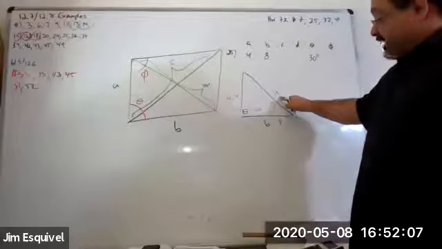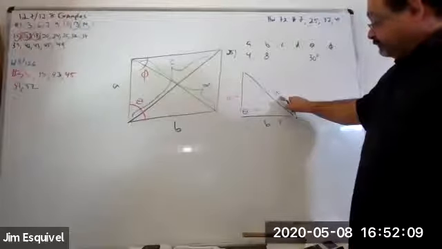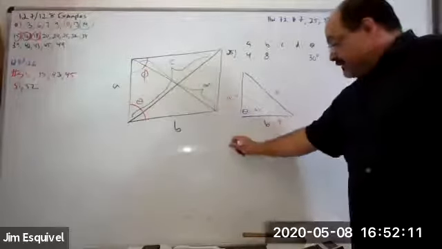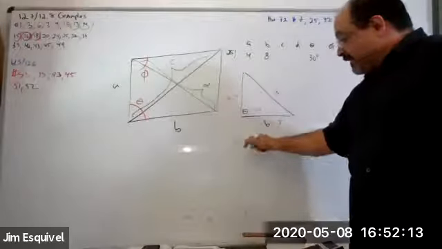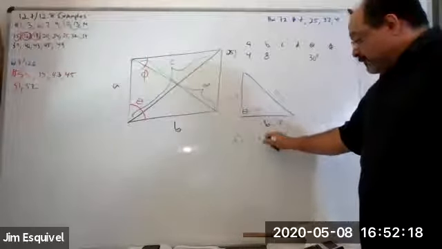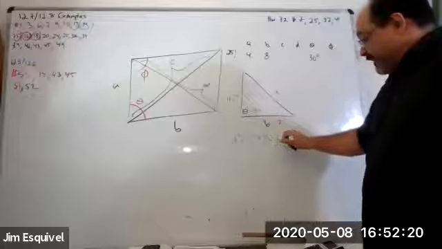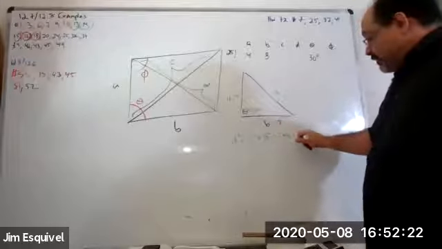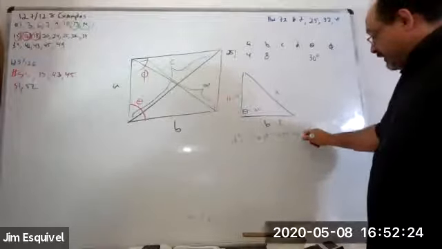the opposite side squared. In this picture, D squared is going to equal A squared plus B squared minus 2 times AB cosine of the included angle theta.